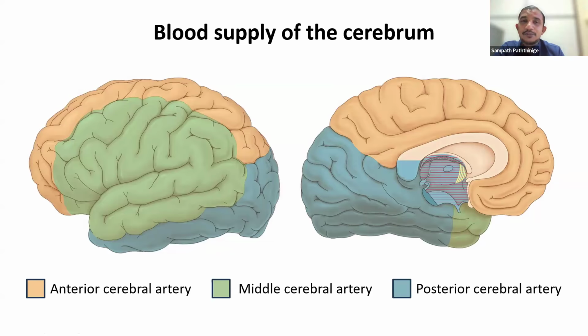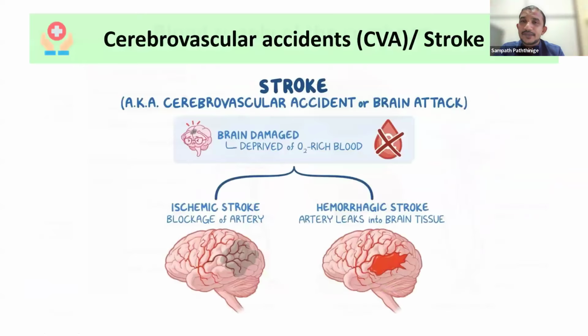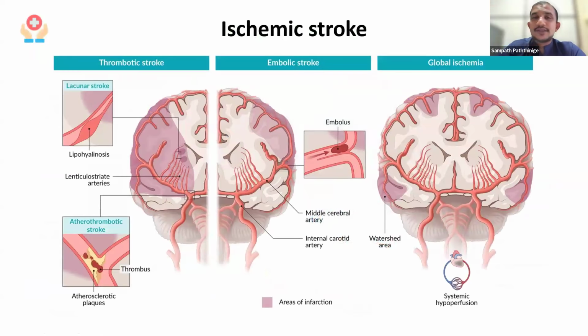This is very important because these areas are affected in different strokes. Strokes can be either hemorrhagic or ischemic and affect different arteries. So there can be an anterior cerebral artery stroke, middle cerebral artery stroke, or posterior cerebral artery stroke. We'll look at each of them.